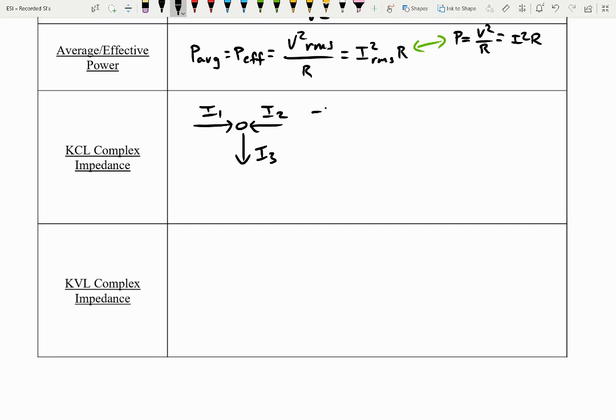So we can say negative I1, negative I2 plus I3, that'll be equal to 0. So this is just representing the sum of the currents is equal to 0 at the node. So these are the same rules as before.